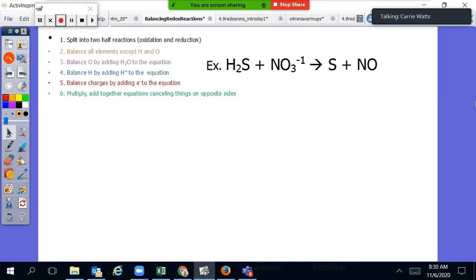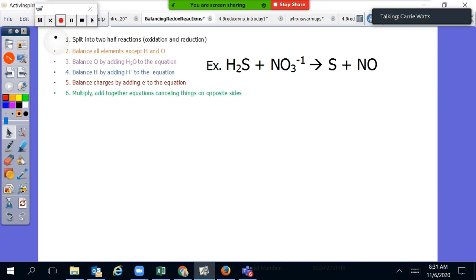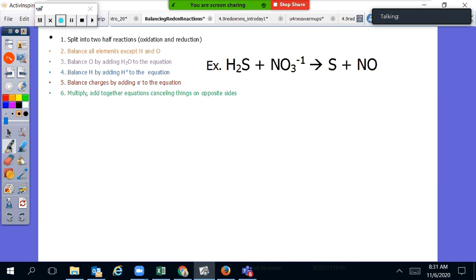So I'm going to go through every compound, every element within the compound, and put the oxidation number, just like we did in the warm-up. Okay, so that's my first step. Okay, so this is where I am.